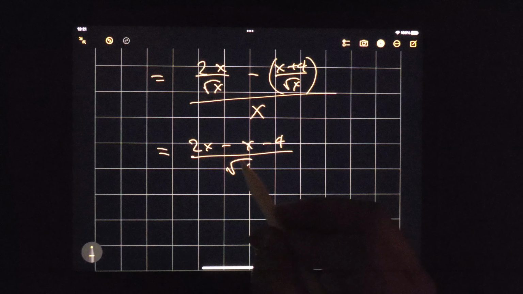So I'll have 2x minus, oh sorry, 2x minus x is just x over, and that is my solution.